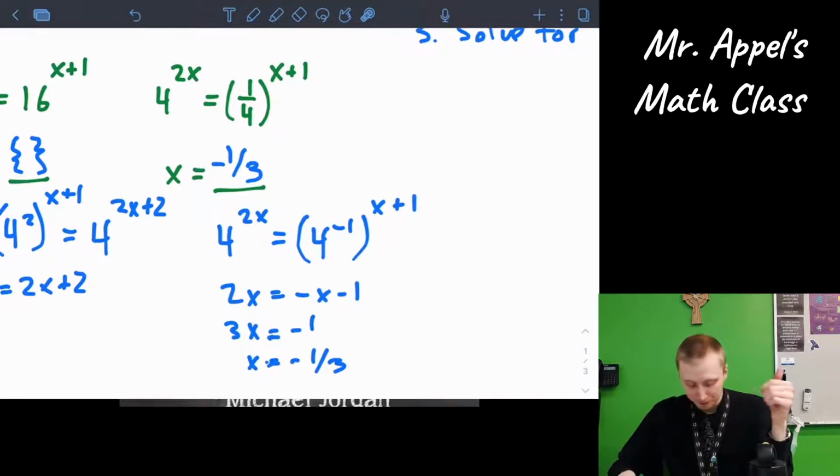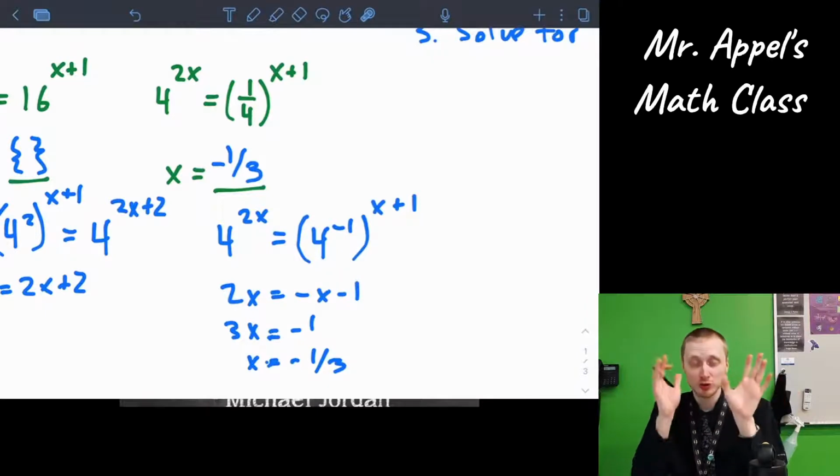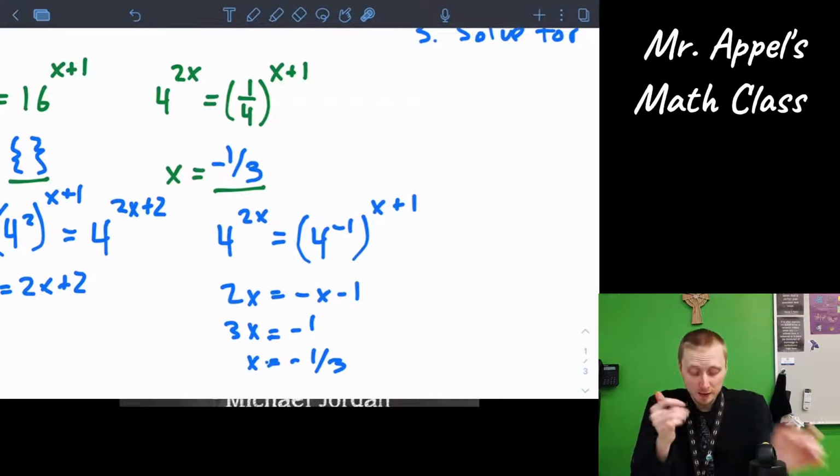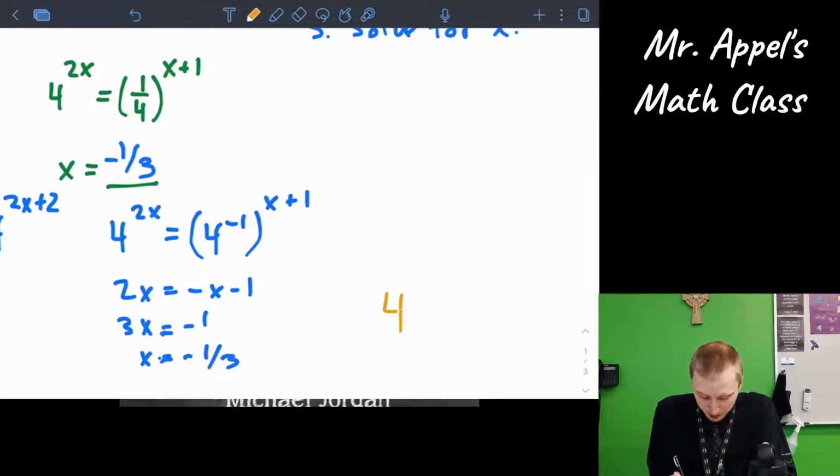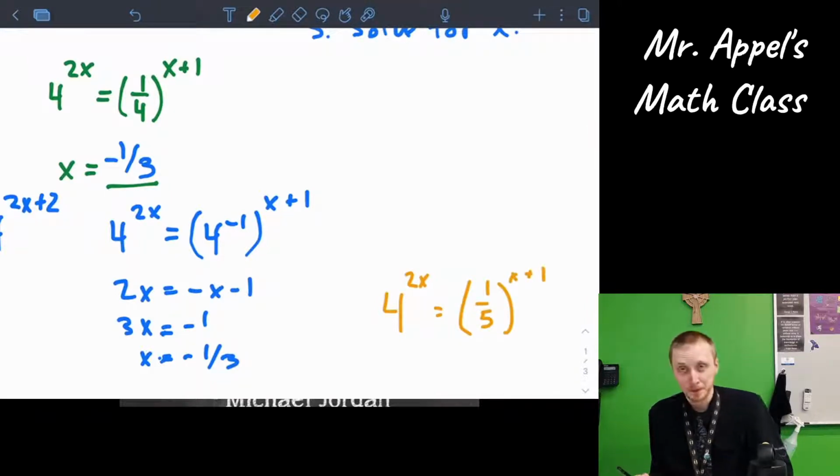No? Okay. This operation works great if you can rewrite this thing as the same base. What if you can't? What if, hypothetically, we had some crazy 4 to the 2x equals 1/5 to the x plus 1.